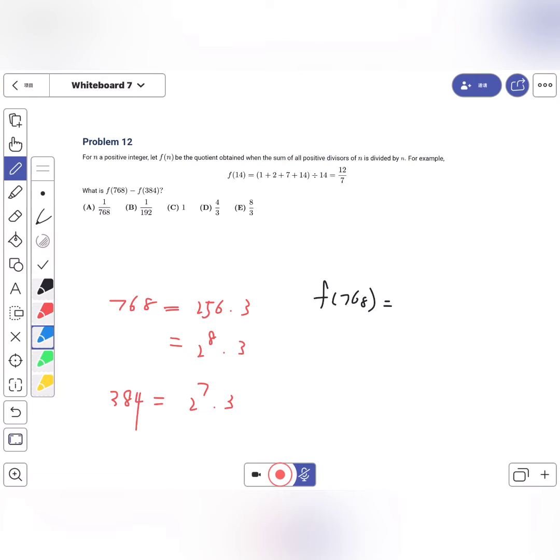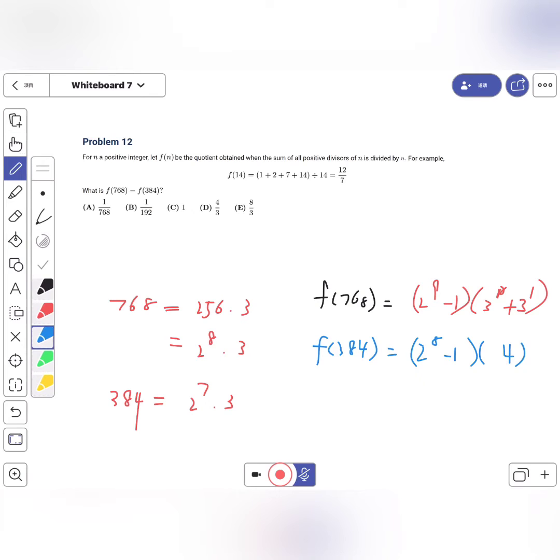So f of 768 is going to be equal to 2 to the 9 minus 1, and then multiply by 3, because we can have 3 to the 0 or 3 to the 1. And then f of 384, by similar logic, is going to be equal to 2 to the 8 minus 1 times 4, because 3 to the 0 plus 3 to the 1 is equal to 4.